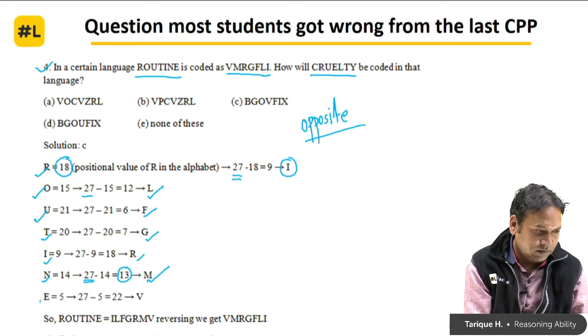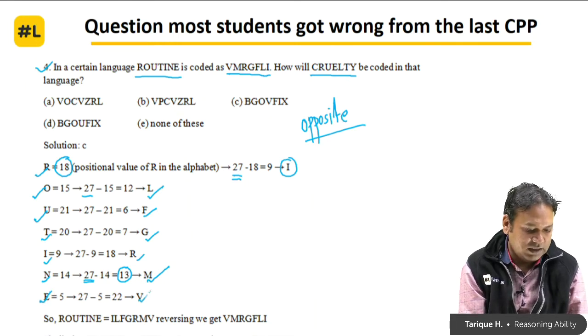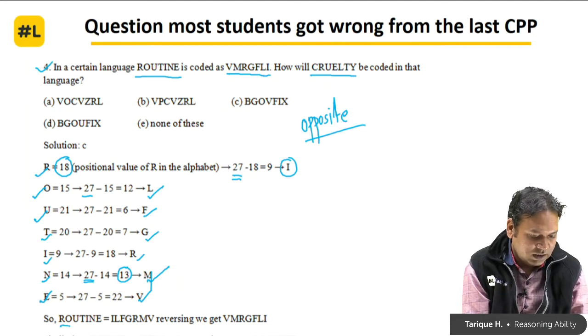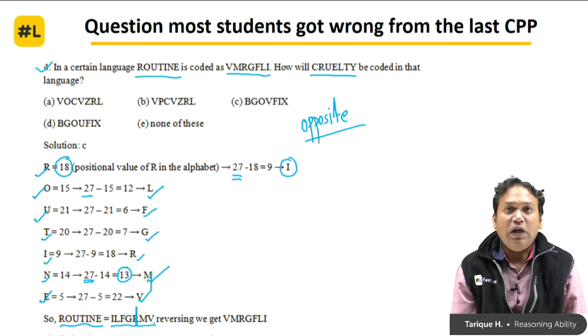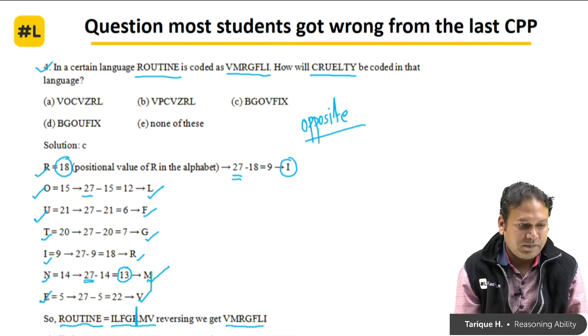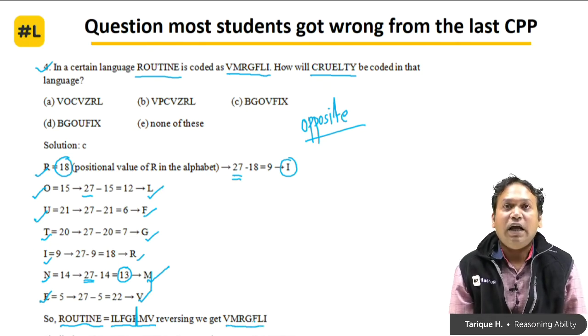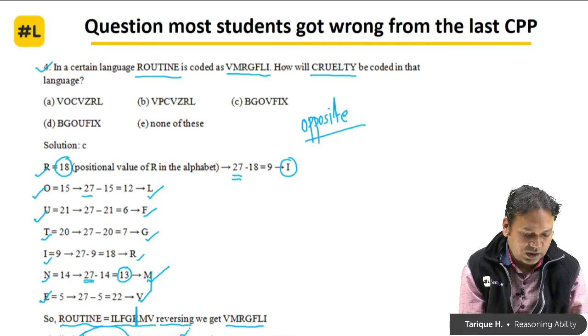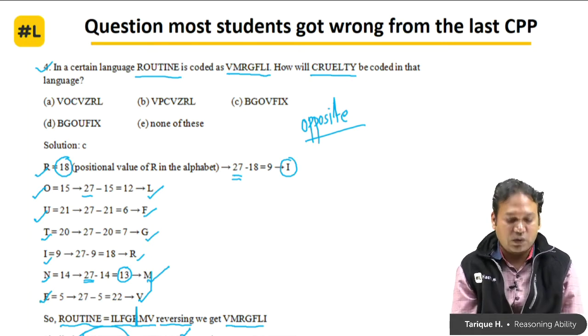Same thing with E, here the opposite letter is V, right, and routine then becomes I, L, F, G, R, M, V. So reversing that we get V, M, R, G, F, L, I. That is the answer for this word routine. So what we do, first we select the opposite letters and then we reverse them. Same thing we do with cruelty. Take the opposite letters, reverse, and you get the answer BGOVFIX.